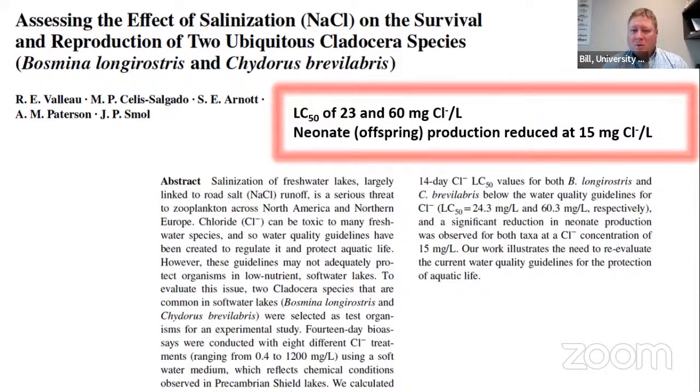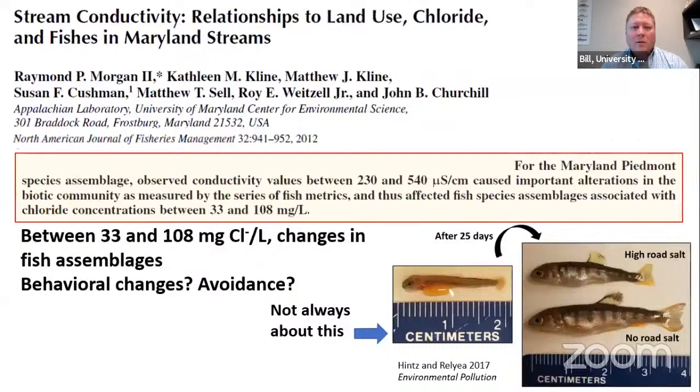Remember, the thresholds currently published by governmental agencies are 120, 230, and so on. So I think it's time to rethink how salinity and salts affect freshwater organisms.